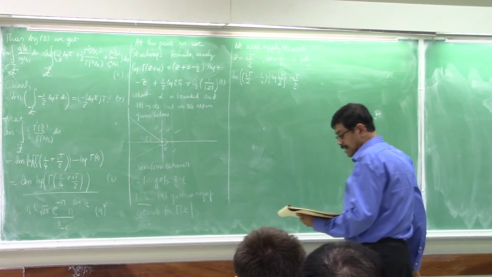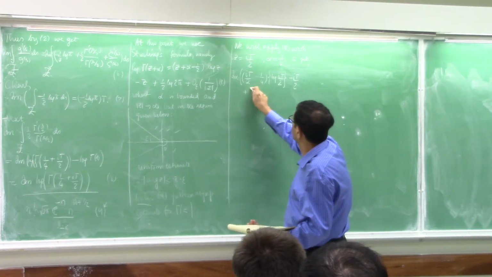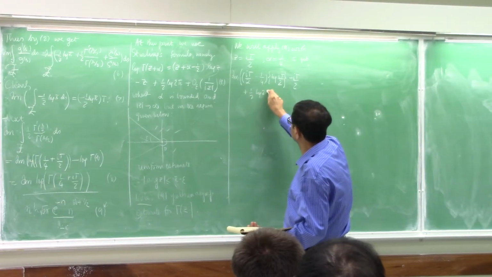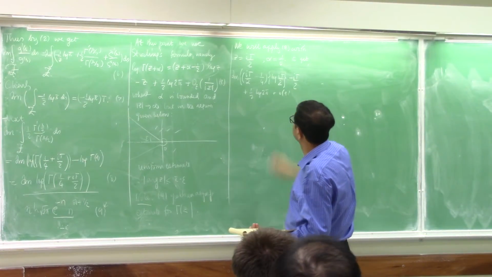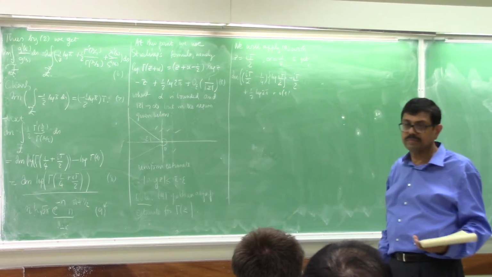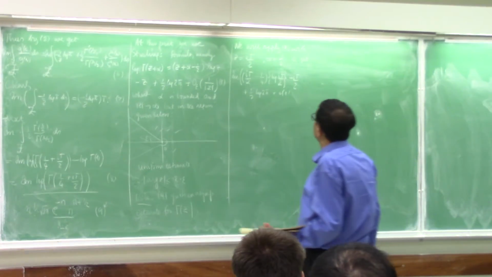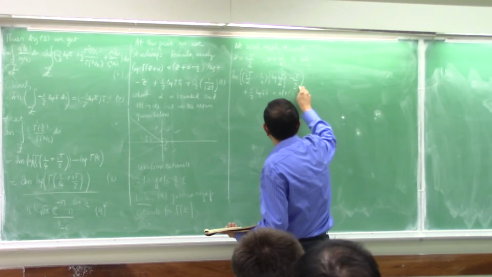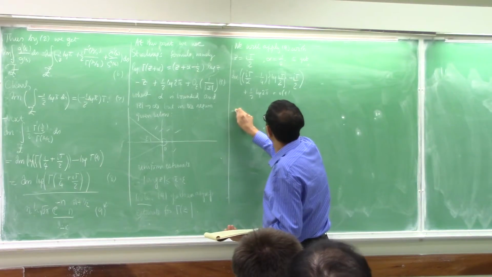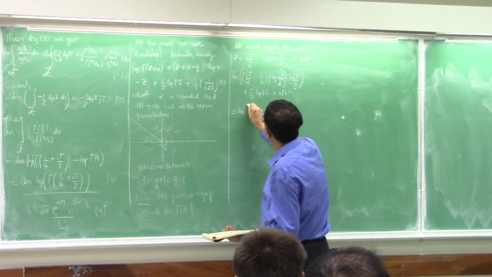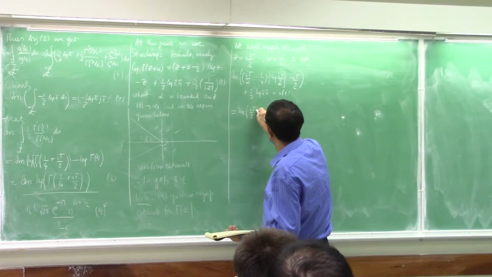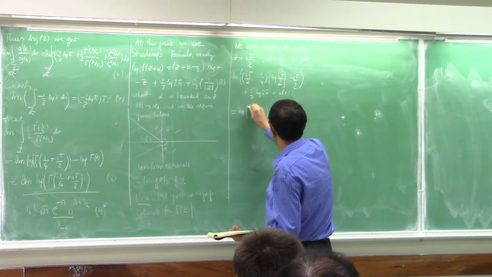And then you have your half log 2 pi. Don't worry about that. So it's the imaginary part of this. So that's equal to the imaginary part, it over 2 minus 1/4.